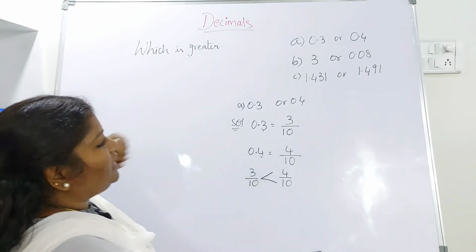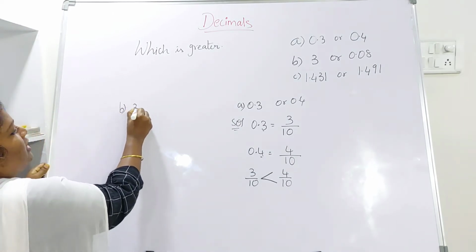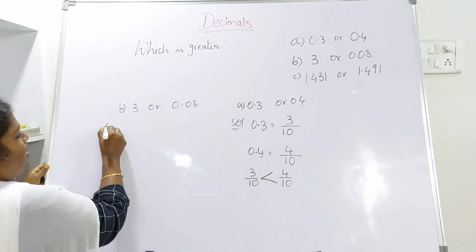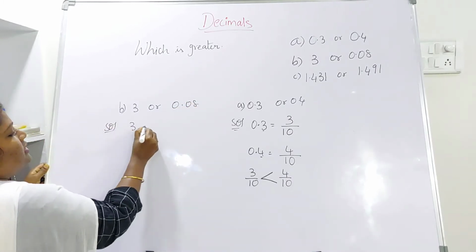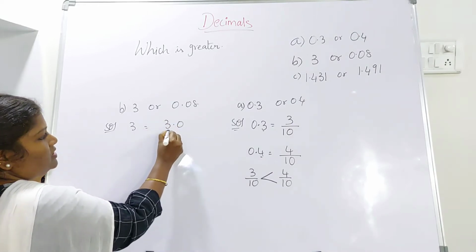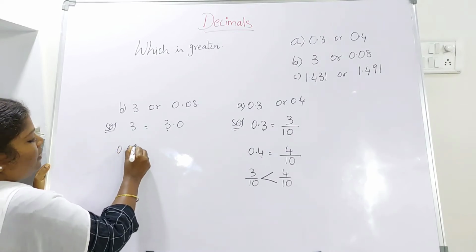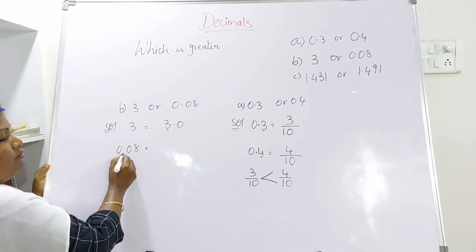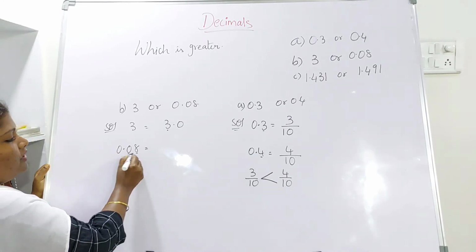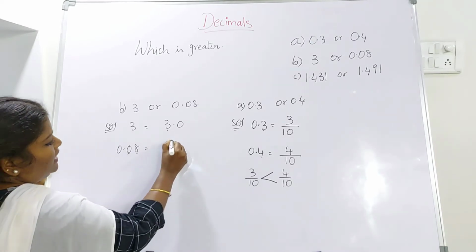So let's move on to the next one, that is B, 3 or 0.08. Now 3 is nothing but 3.0, so 3 is a whole number here. Now it is 0.08. Now here after the decimal point you have a 0 and 8. So here 0 doesn't have any value, you can take it as 8.